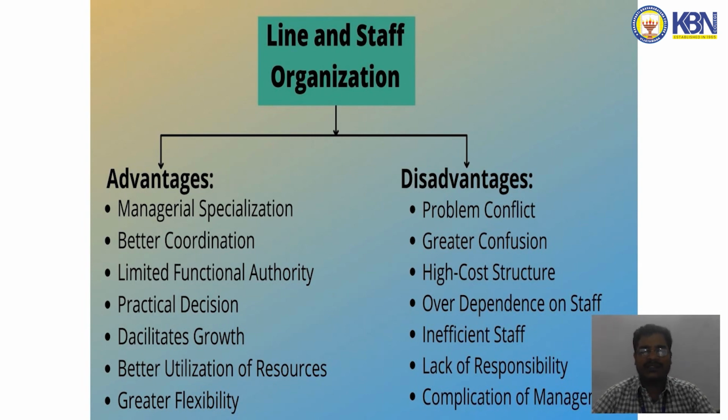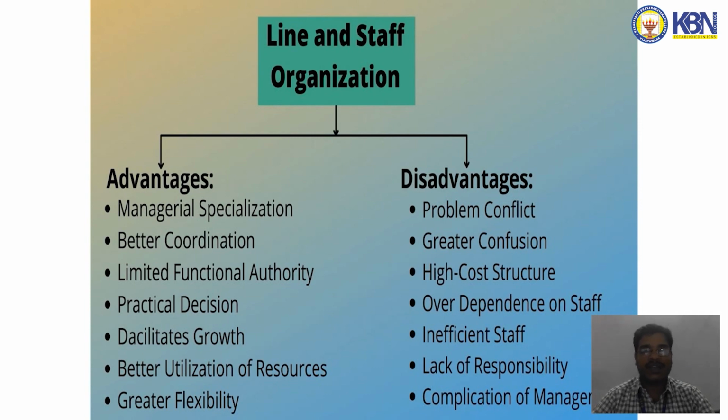In the same way, not every employee may be the same, and not every employee may possess the same kind of qualities or the same kind of personalities. So sometimes we may find some inefficient staff among the available manpower. With inefficient staff we cannot do anything, or we cannot achieve anything.